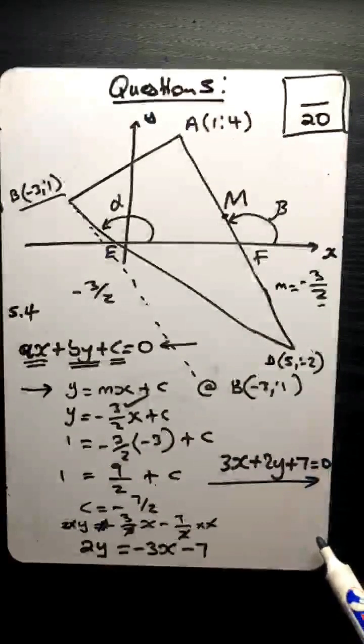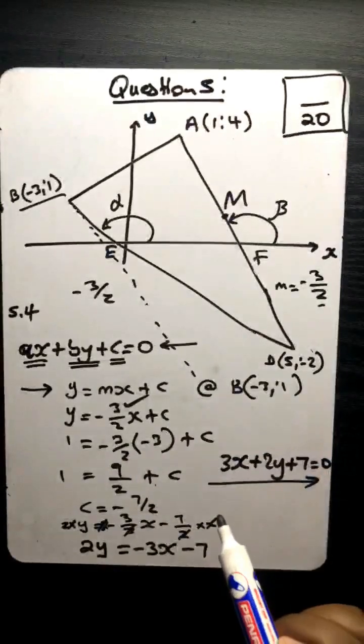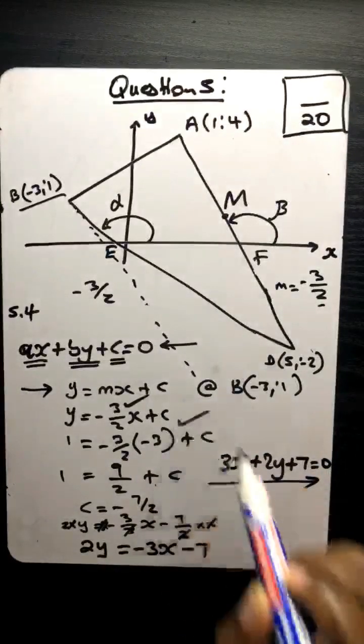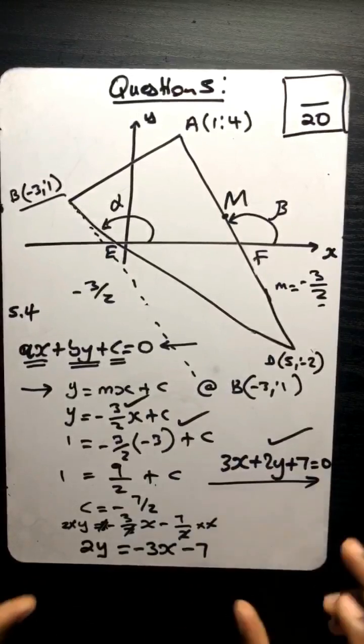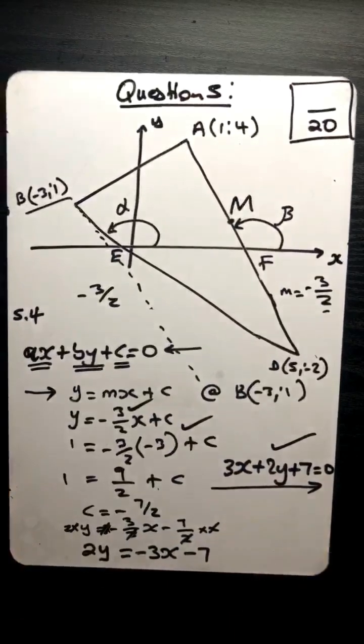And then for you also to substitute that C value, I'm going to give you a mark. And lastly, for you to rewrite it in the format that I wanted you to write it, I'm also going to give you a mark. Any question on that one, or is it clear to all honorable members of Parliament?